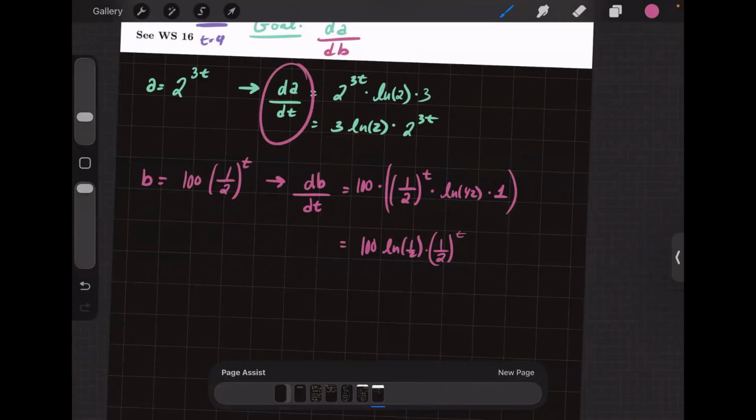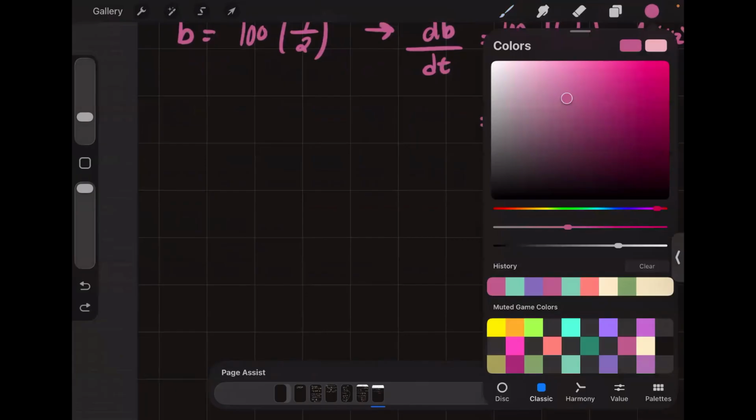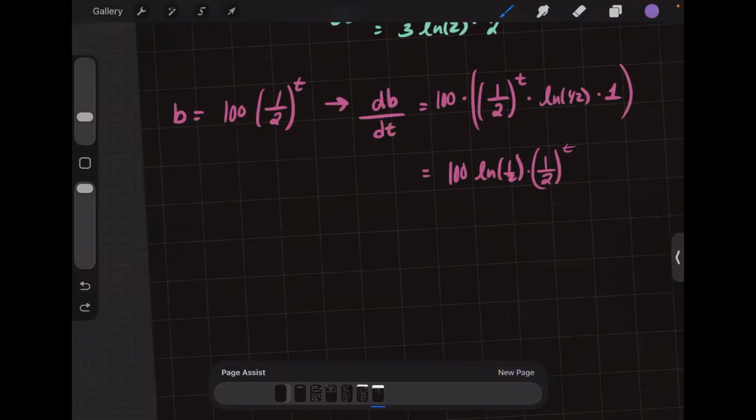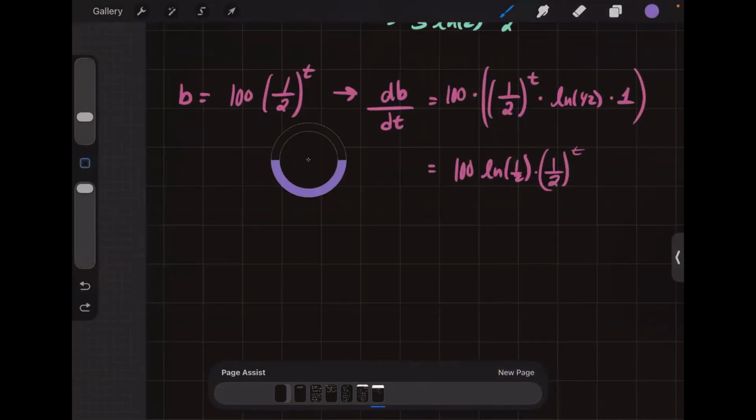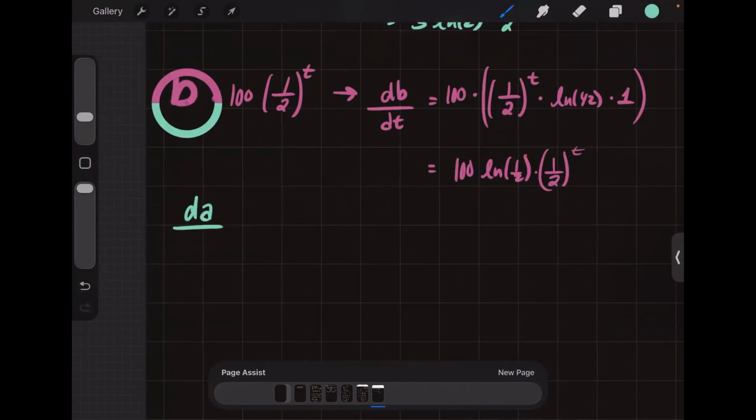Now you have dA/dt and dB/dt, right? Which means you know that dA over dB, did I get the colors right?